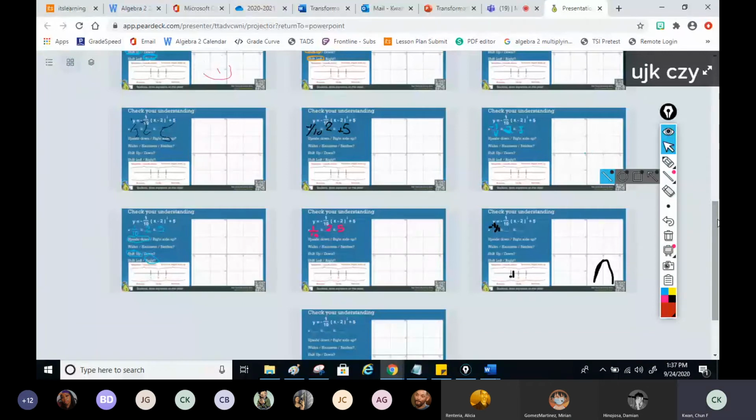If it is in between negative 1 and 0, that tells you two things. The first thing is a negative number means it is upside down.